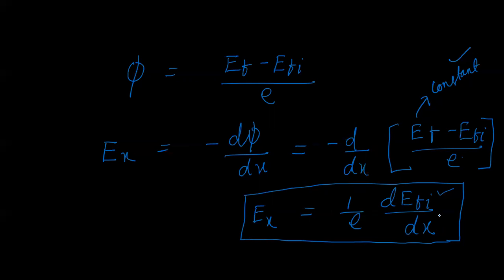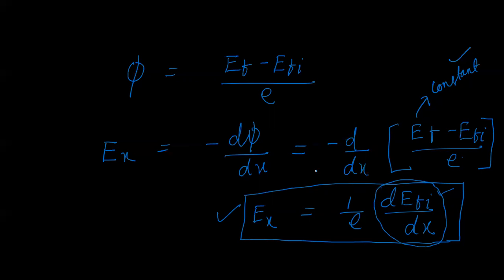So we need to find out this dEFi by dx, so that I can substitute it here to know the value of the induced electric field in a non-uniformly doped semiconductor, or because of graded impurity distribution in the semiconductor.